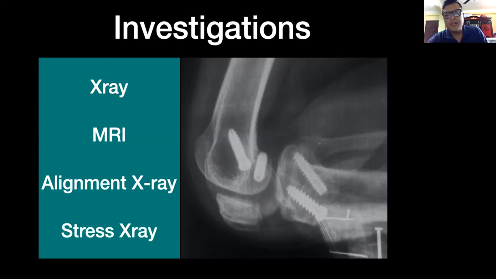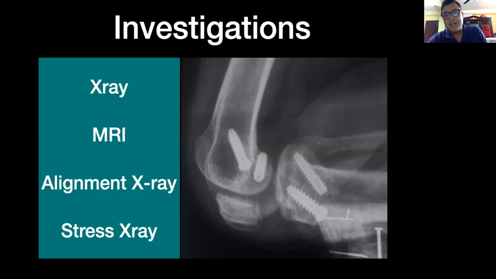So the main message from this slide is all of these investigations are important, but final decision making is always by the clinical examination. The amount of sag, the grading of sag, and the clinical symptomatology of the patient decide the need of surgery, or whether those patients can be managed conservatively or not.